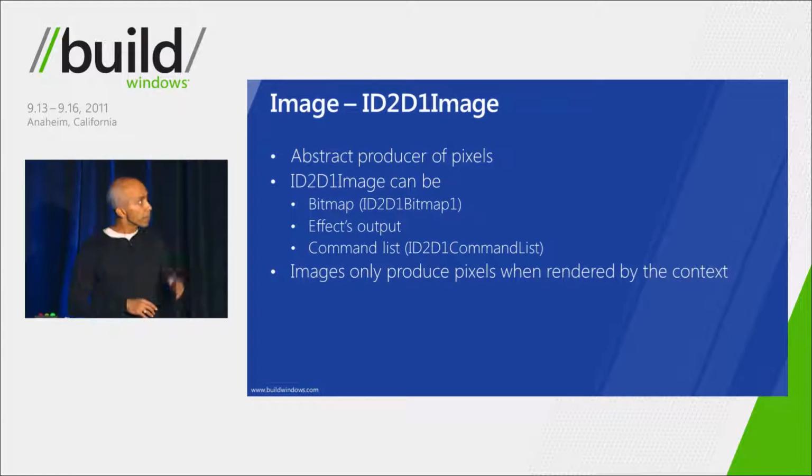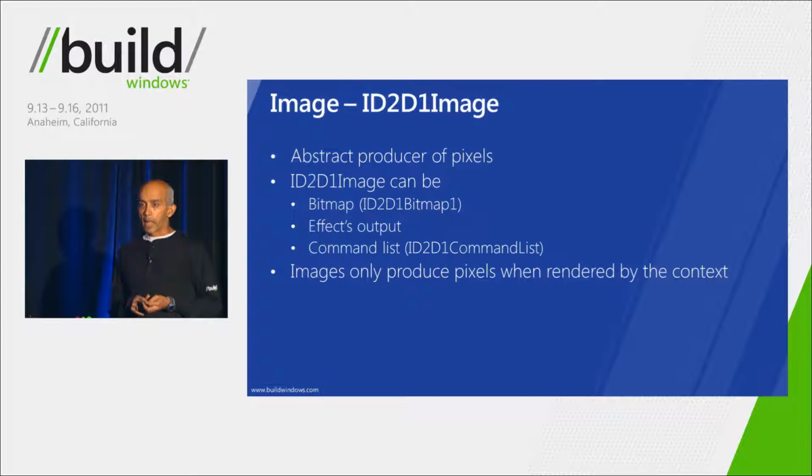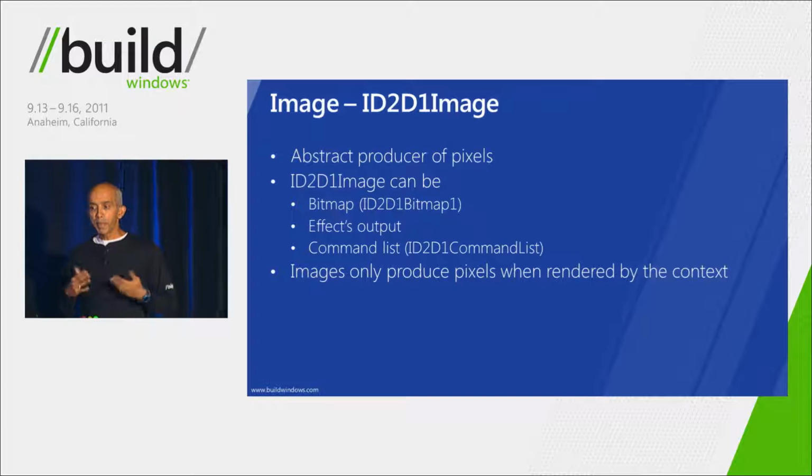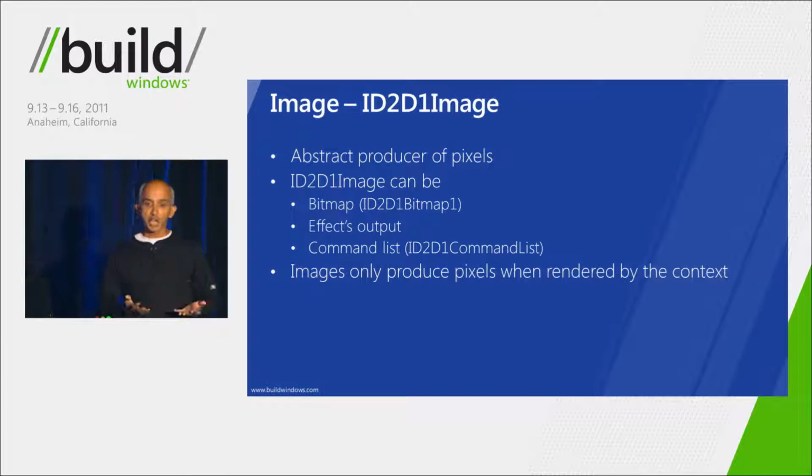It is represented by the ID2D1Image interface, which is abstract. The most basic type of an image is a bitmap, ID2D1Bitmap1. And the bitmap simply returns its contents when it's asked to produce the pixels.